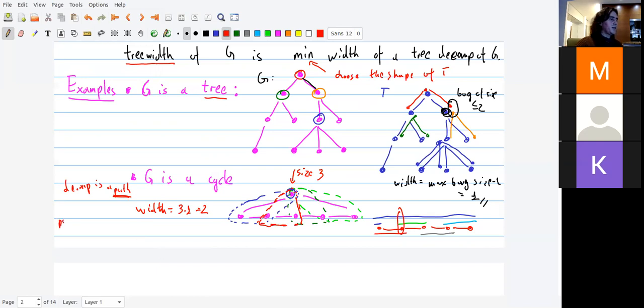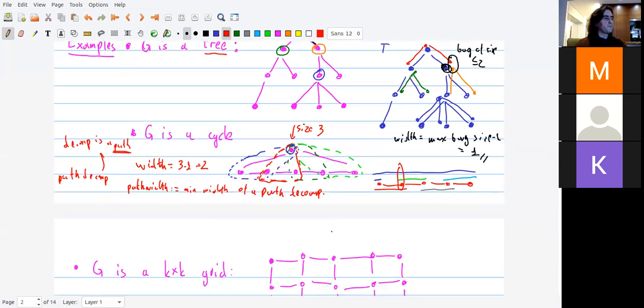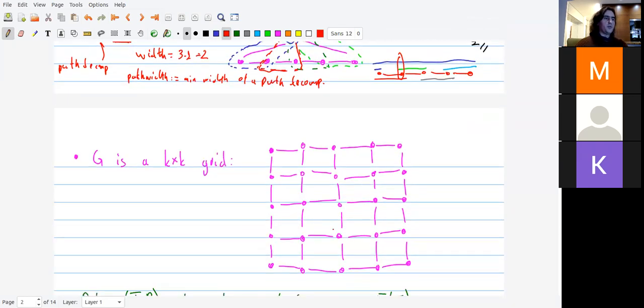So we define path decompositions as decompositions that are paths, and the path width of a graph is the minimum width of a path decomposition. So in this way, we have proved that cycles have path width at most 2. Sorry, the minimum over path decompositions, and the width is defined the same way, in the sense that it is the maximum bag size minus 1.